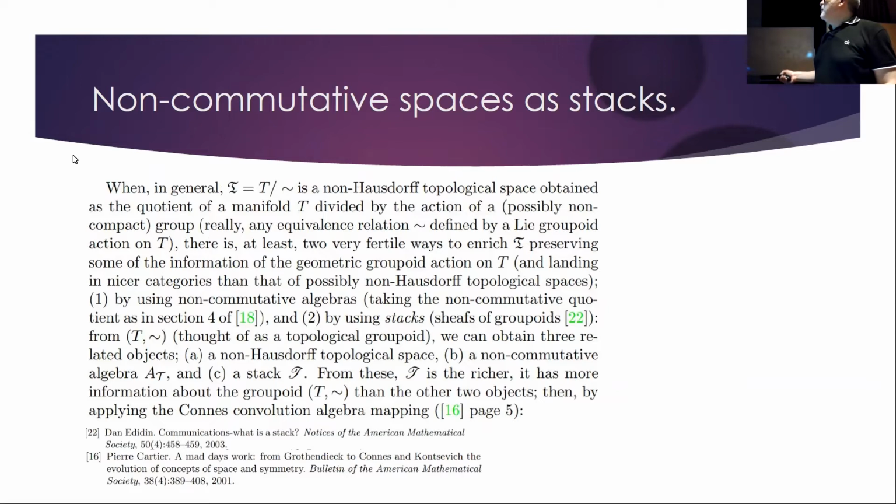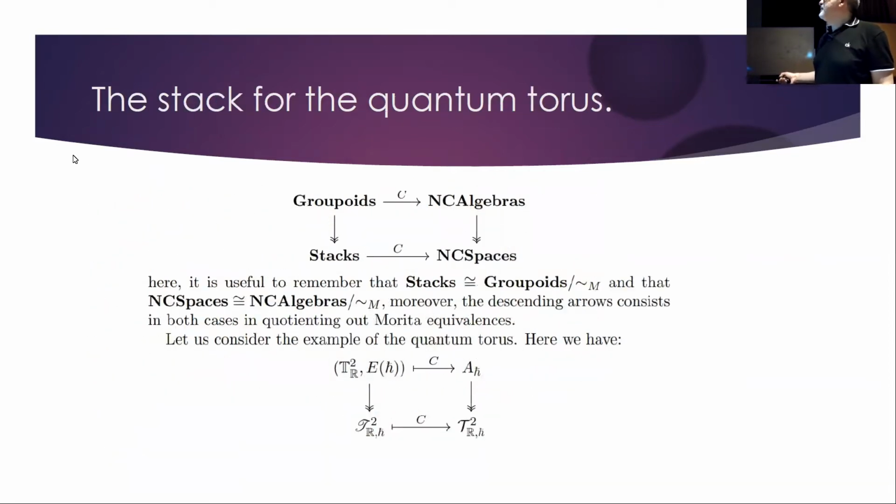We will interpret these non-commutative spaces as stacks rather than as algebras. We have the convolution groupoid that I just described, or the groupoid of the rotation of the circle. Then you can get this non-commutative algebra, and you could get the non-commutative space by derived category or whatever.